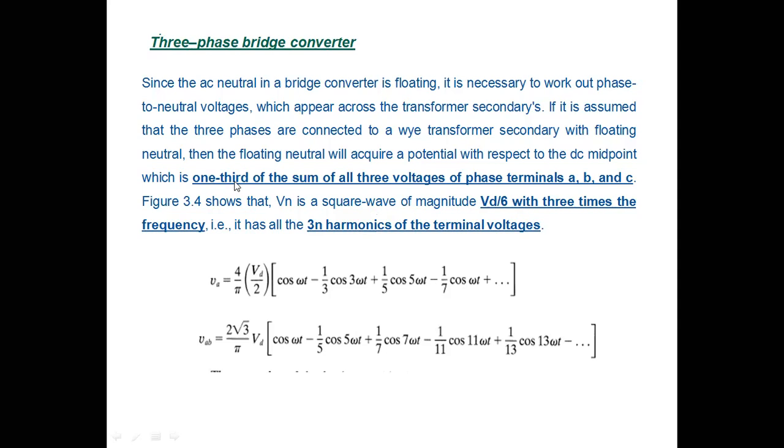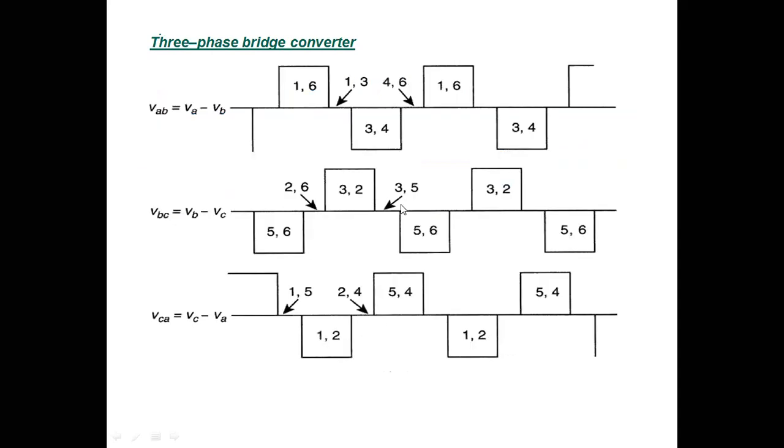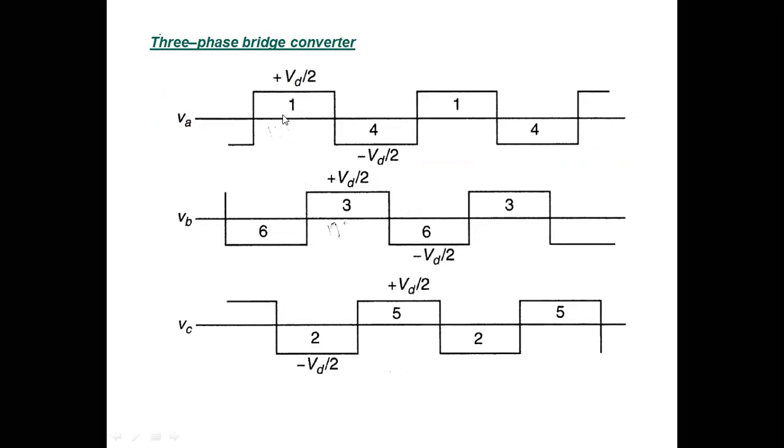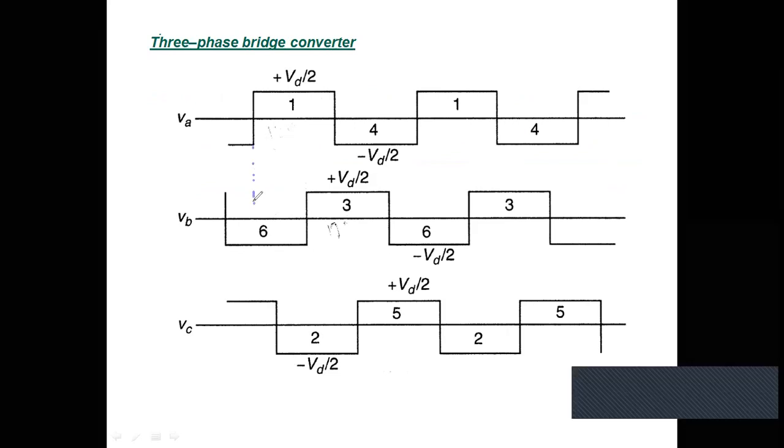So we are calculating 1/3 of the sum of all the voltages VA, VB, VC. For example, in this waveform we calculate, so please go through this one. Assume that this is the reference.